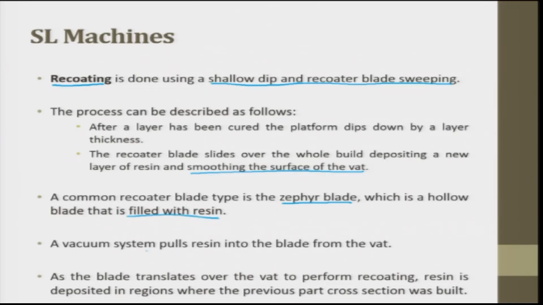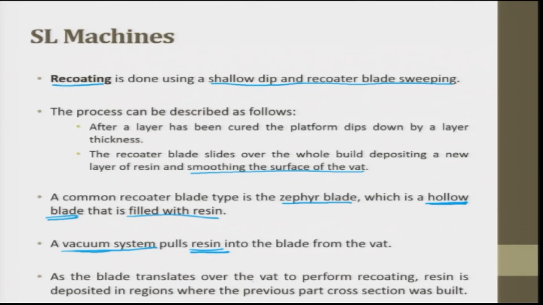A vacuum system pulls resin into the blade from the vat. So, a hollow blade. What happens when there is excess? The vacuum system pulls the resin into the blade.